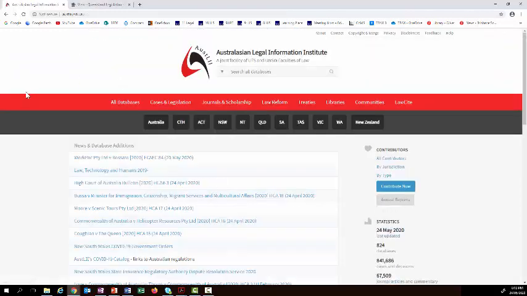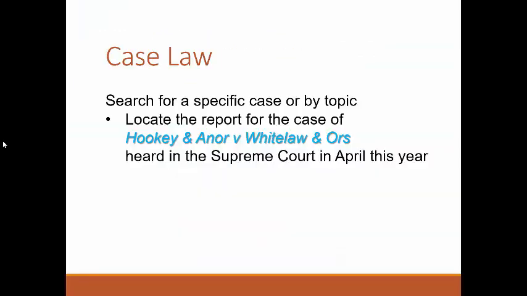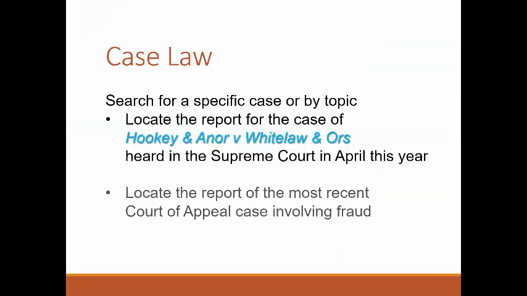Let's go back home. Now the next one we want to look up is, let's locate a report of the most recent Court of Appeal case involving fraud. So this might be something that you want to do. You're looking at a particular topic and you want to look for recent case law, and we want to see one on appeal. Now why might we want to look at appeal as opposed to the original case?